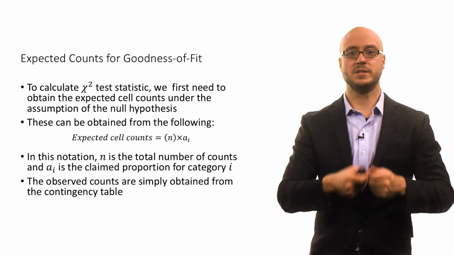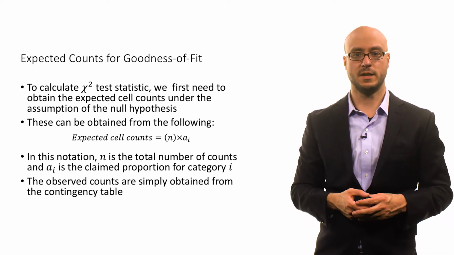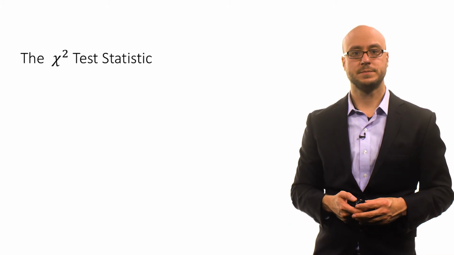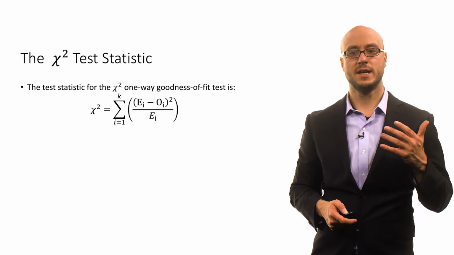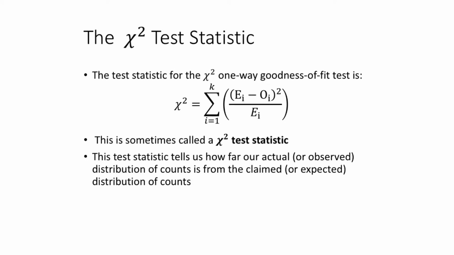We want to compare the observed counts with the expected cell counts based on the claimed proportions in the population. The chi-square test statistic is a function of the expected minus the observed counts squared, divided by the expected counts, and you add these terms up for each of the k levels of our categorical variable.